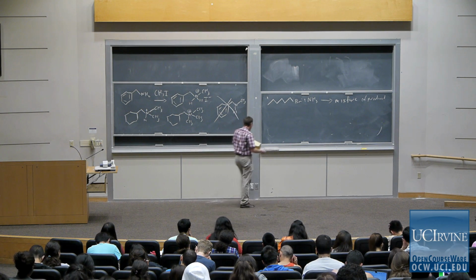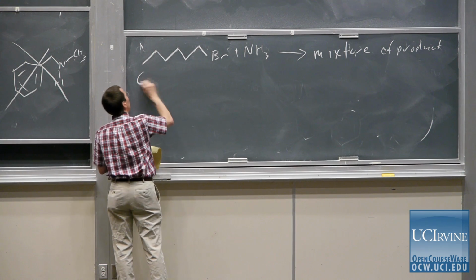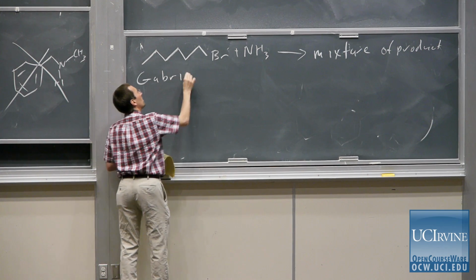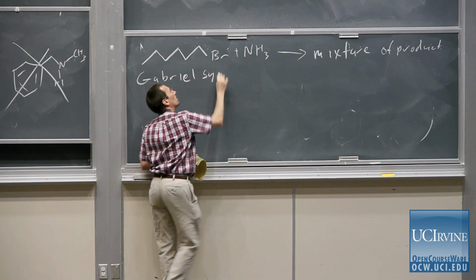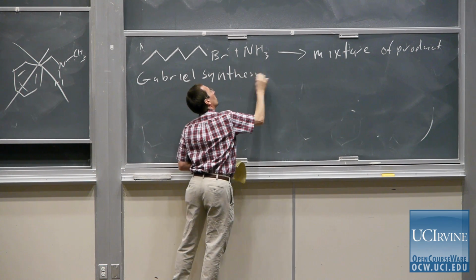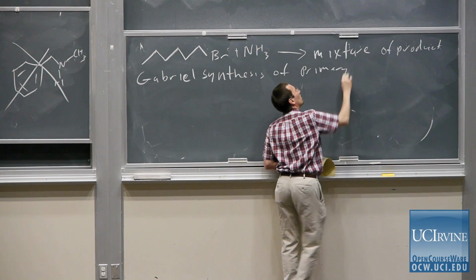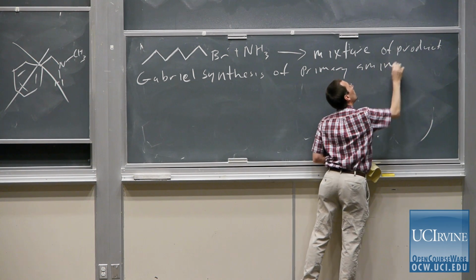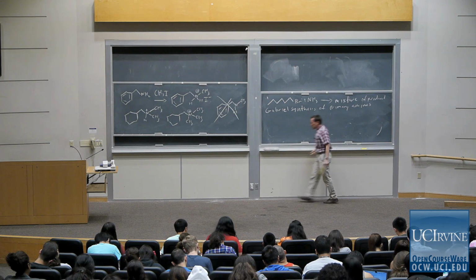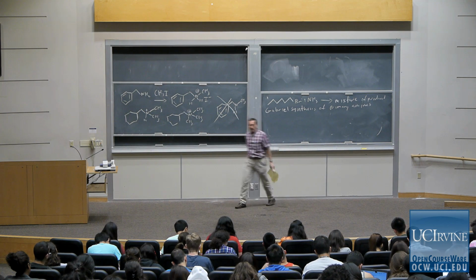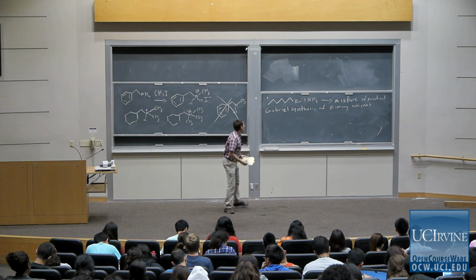And the solution to this is called the Gabriel synthesis of primary amines. And it's to use an ammonia surrogate. The ammonia surrogate is phthalimide.